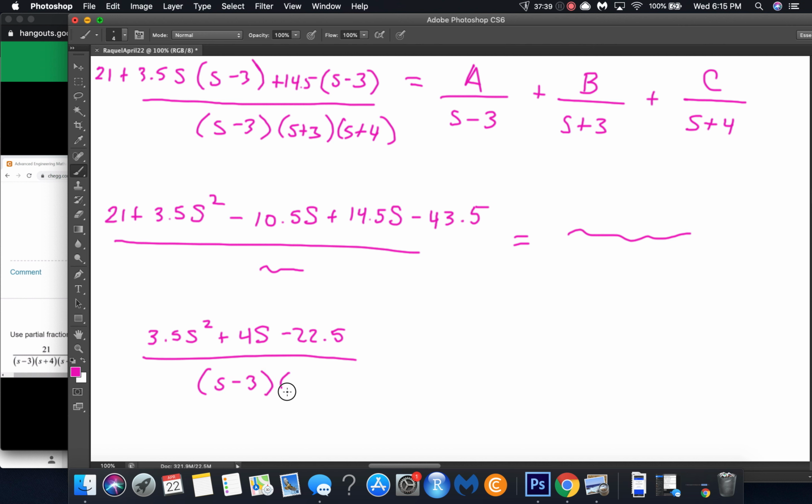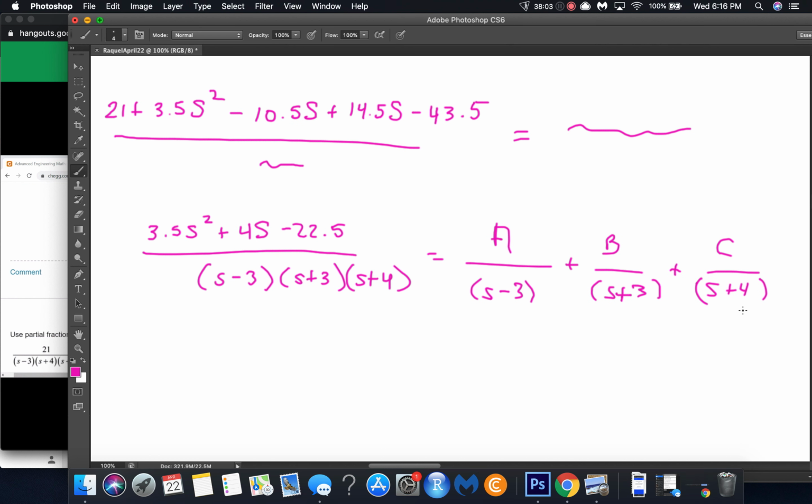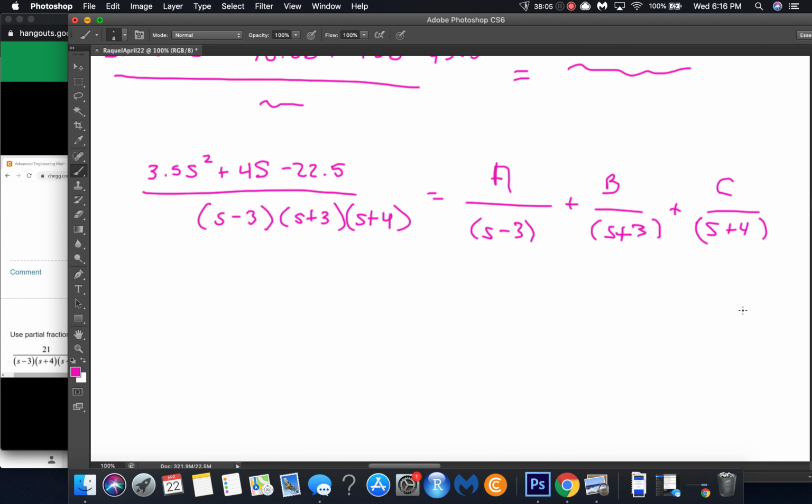This time I'm writing it because we're going to use it. A times s minus 3, B times s plus 3, and then plus, it's lagging a little bit, I don't know why, s plus 4. Okay, so now, I'm going to teach you the same technique I taught you in calculus 2, and you probably forgot. Yeah, I did.